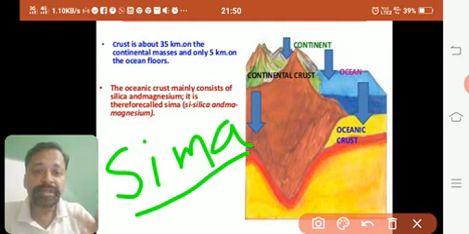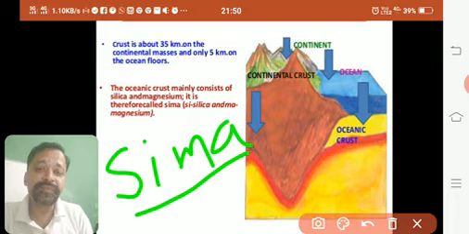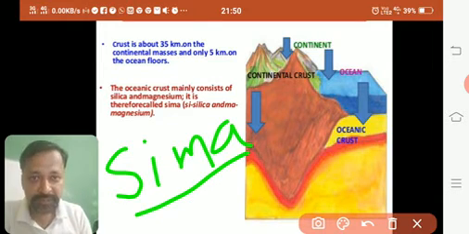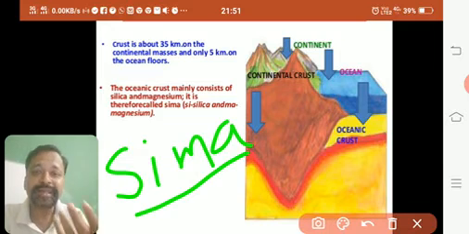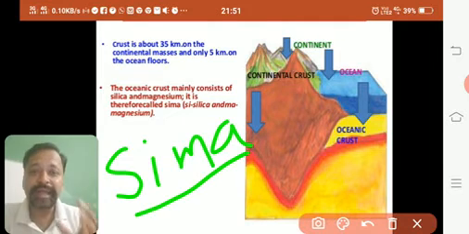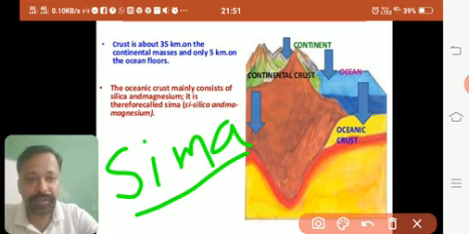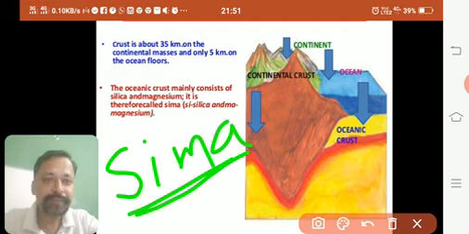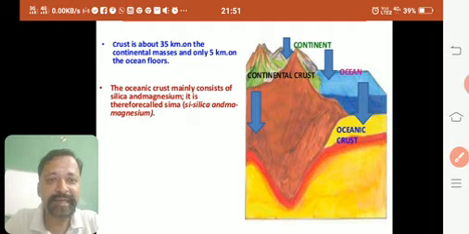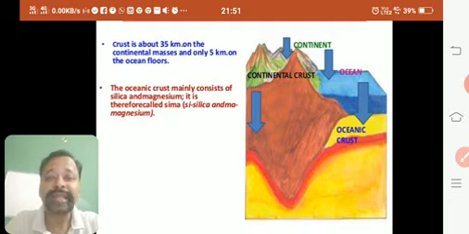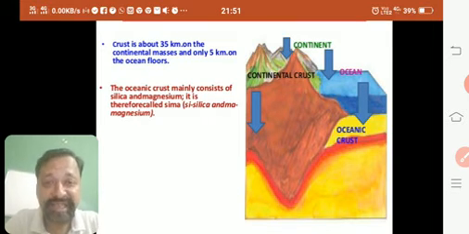So if I ask you why we call oceanic crust SIMA, the answer would be because the oceanic crust consists of silicon and magnesium. The same thing is given here. The oceanic crust mainly consists of silica and magnesium. It is therefore called SIMA. Si comes from silica and Ma comes from magnesium.